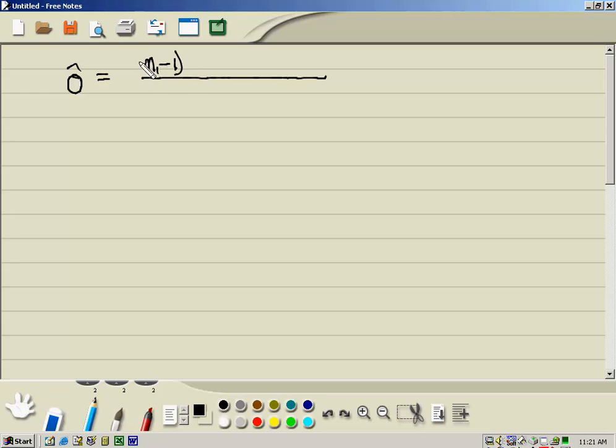Take the square root of all this, but we'll do the square root sign a little later: (N1 minus 1 times S1 squared plus N2 minus 1 times S2 squared) divided by the degrees of freedom, N1 plus N2 minus 2. Alright, and the square root of the whole thing.